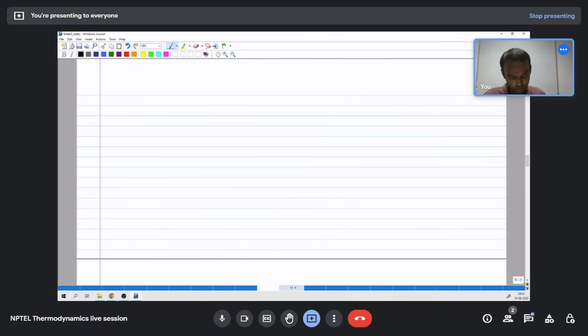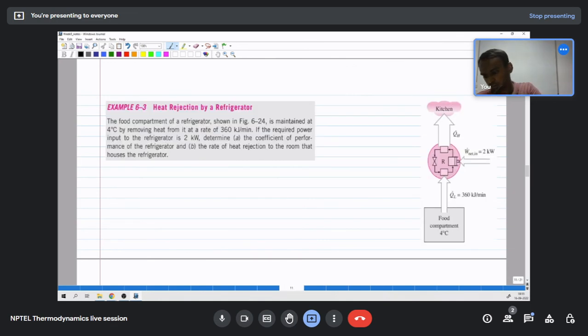Moving on, we have a problem on heat rejection by a refrigerator. The food compartment of a refrigerator, as shown in the figure, is maintained at 4 degrees Celsius by removing heat from it at a rate of 360 kilojoule per minute.